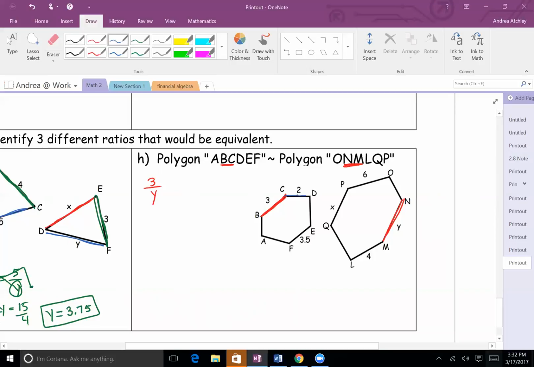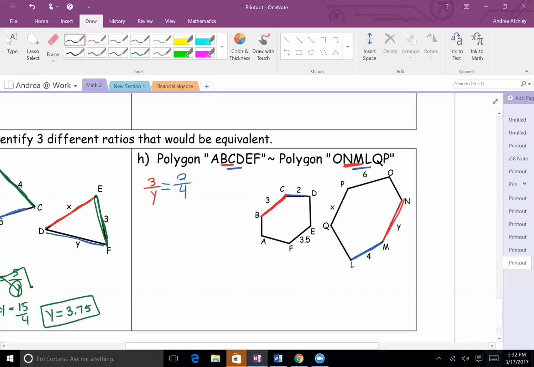Then our next one we find is CD, and those are right there. So we're going to do ML. The letters need to be in the same spot on the similarity statement. So it needs to be 2 over 4.